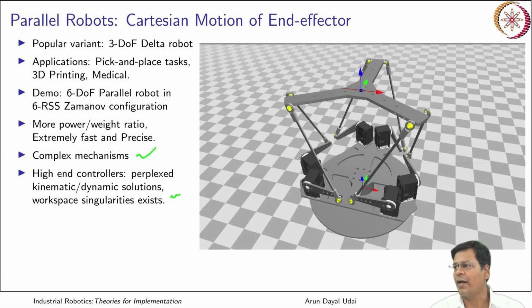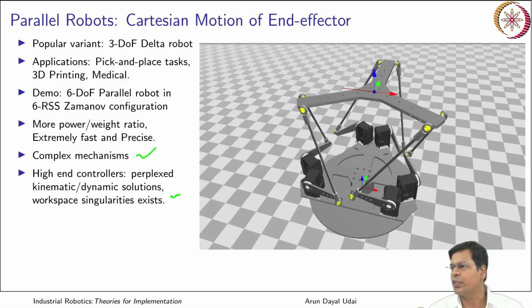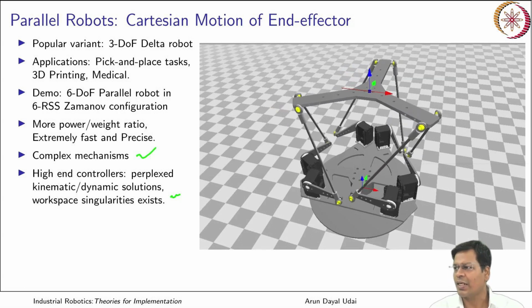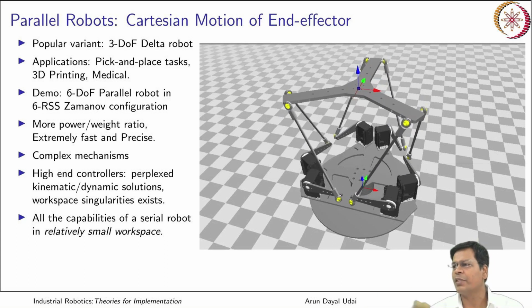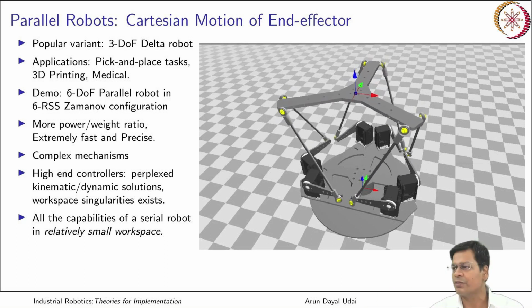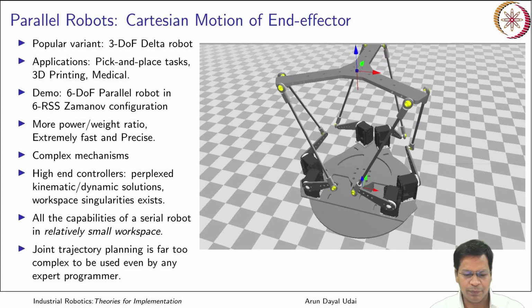It doesn't just have singularities at its boundaries, it also has singularities within the workspace, so finding those singularity positions is again a challenge. All the capabilities a serial robot has, this also has, but it has a limited workspace. The only limitation is its small workspace.